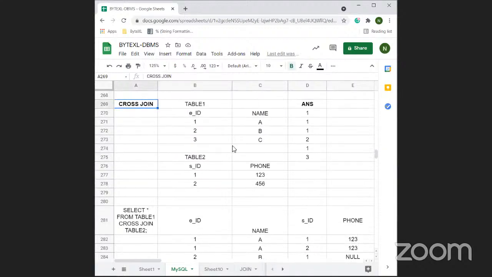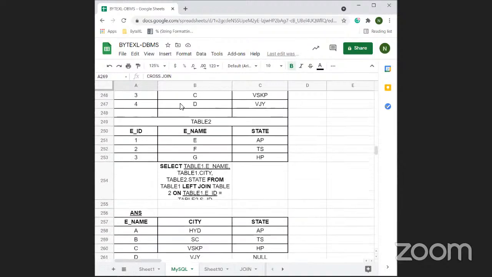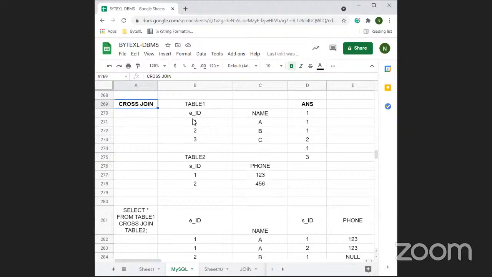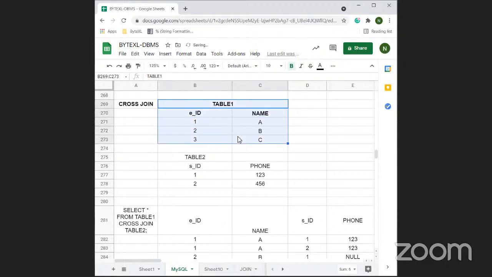Then one more join we have, important join. Cross join. Imagine this is the table. Small tables. This is one table with some details.